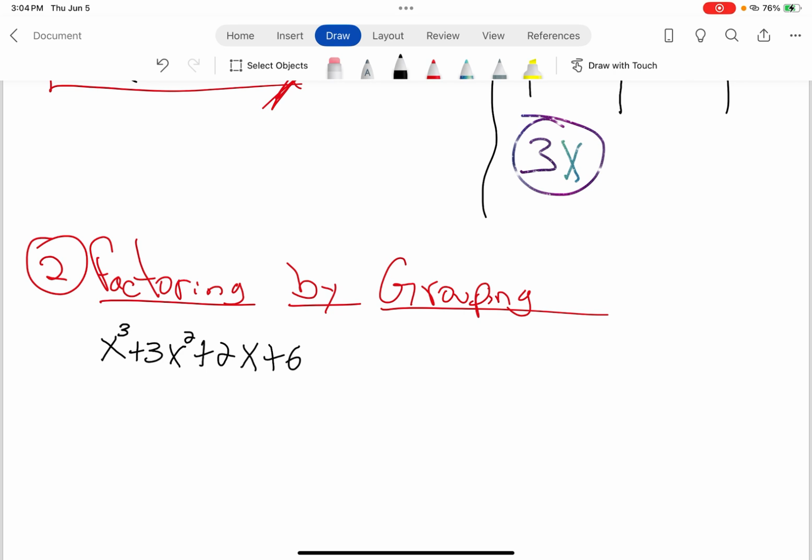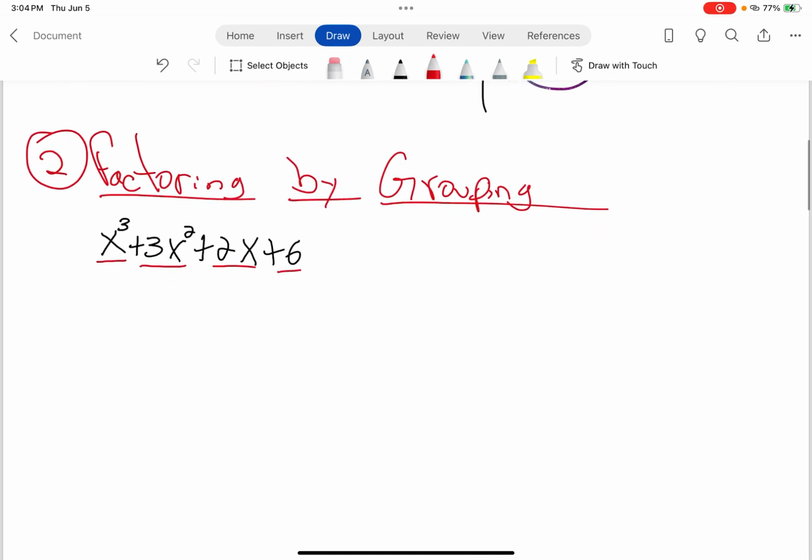So here you have to keep in mind, to be able to use this method, you will need to have 4 terms. As you can see, the first term is x cubed, the second term, the third term, and the term number 4. So here we have 4 terms. As we have 4 terms, we can use factoring by grouping.